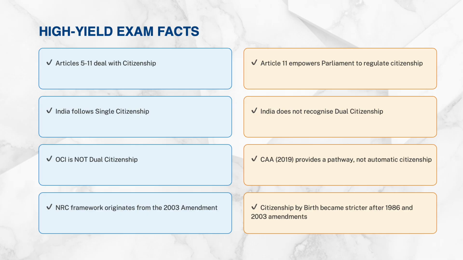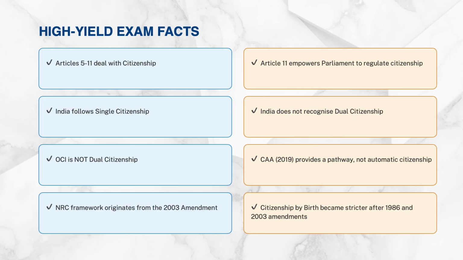Always remember that. India follows single citizenship. Always remember that. OCI is not dual citizenship. Always remember that. OCIs, they're not Indian citizens. Okay? It's not dual citizenship. NRC framework originates from the 2003 amendment. They've asked us in the previous year's preliminary examination, and they will likely ask again in the coming years.